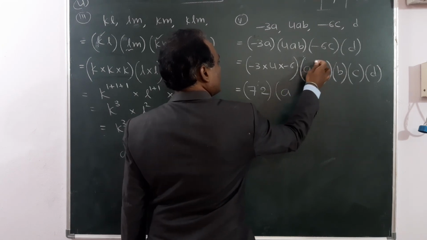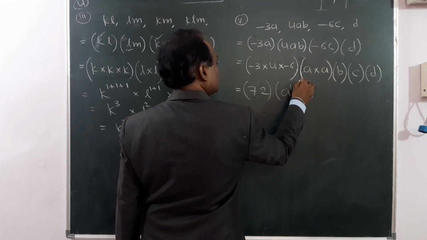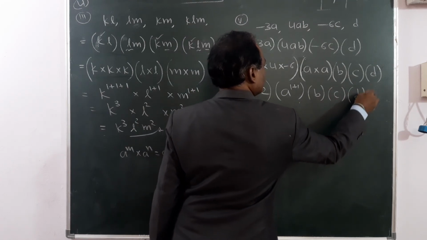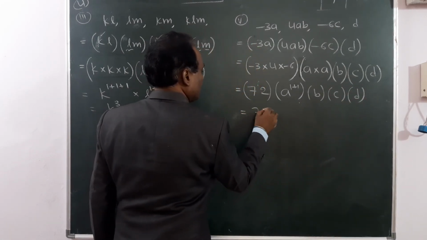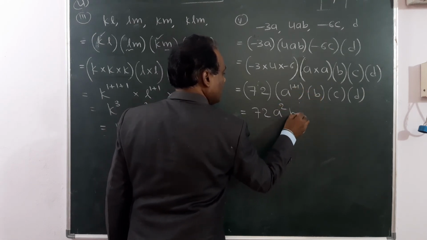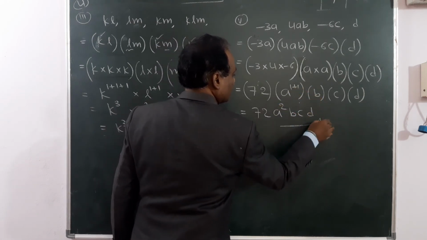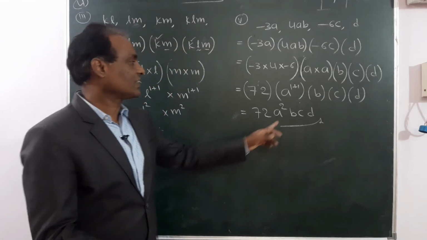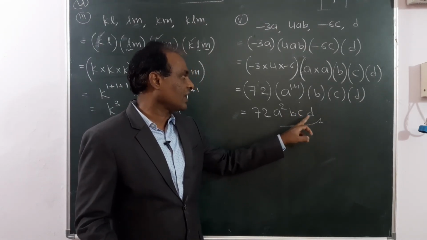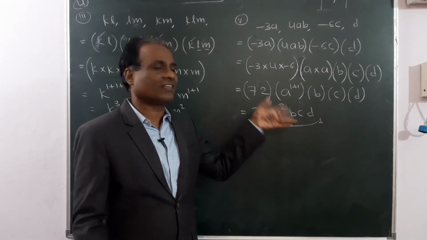A power 1 plus 1. B same, C same, D same. So 72, A power 1 plus 1 is 2, B, C, D. Answer. We can't further simplify. If bases are same, we can add the powers. If bases are not same, we can't add the powers as it is. Write down.